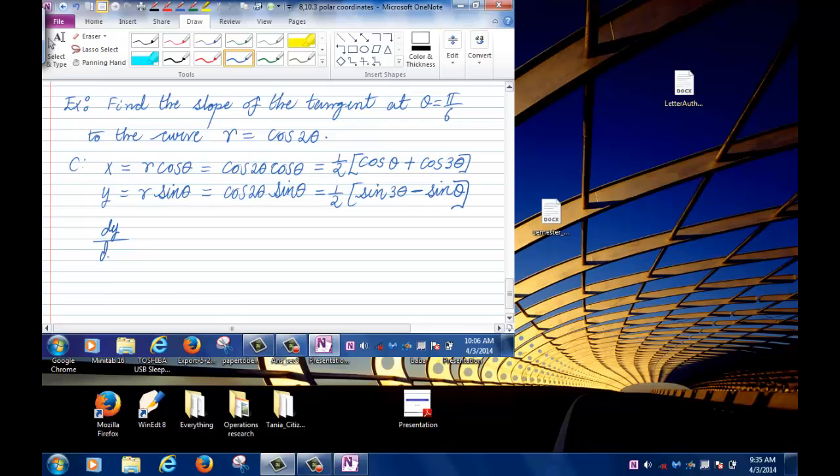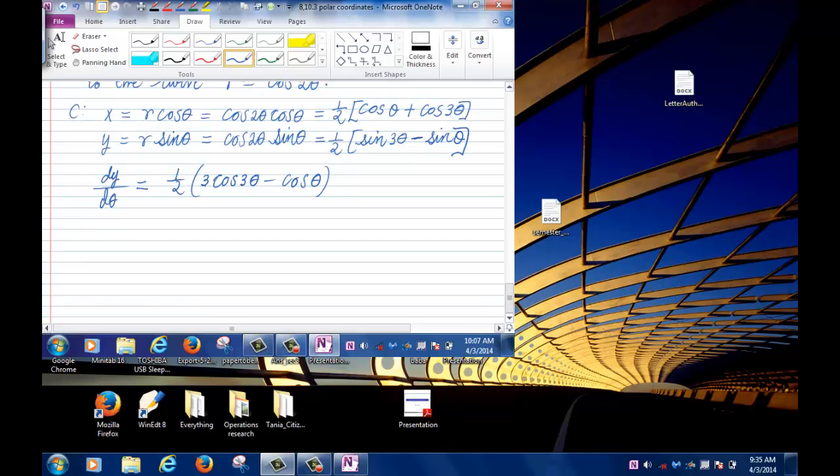So now, what is dy d theta? Well, the dy d theta would be what? Half of, what's the derivative of sine 3 theta? Derivative of sine 3 theta is what? Cosine 3 theta, minus cosine theta.